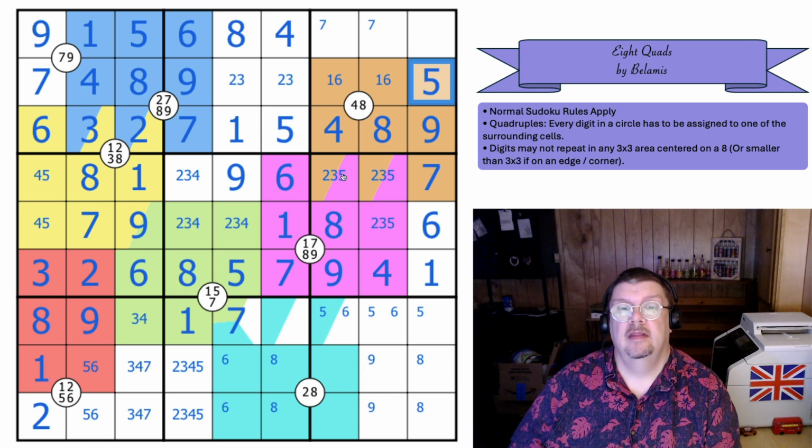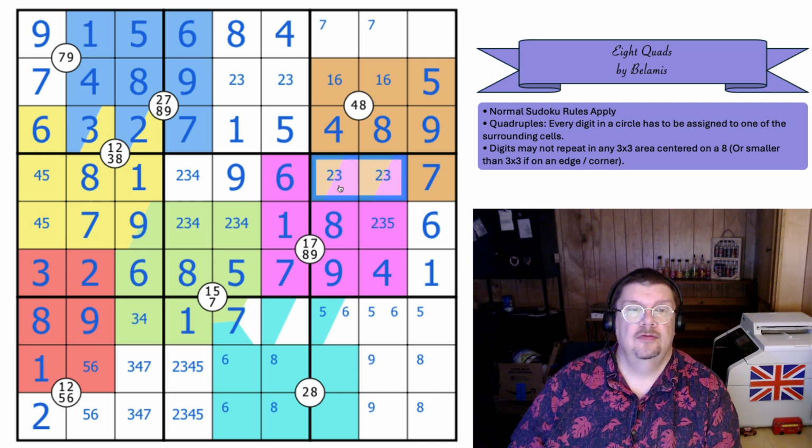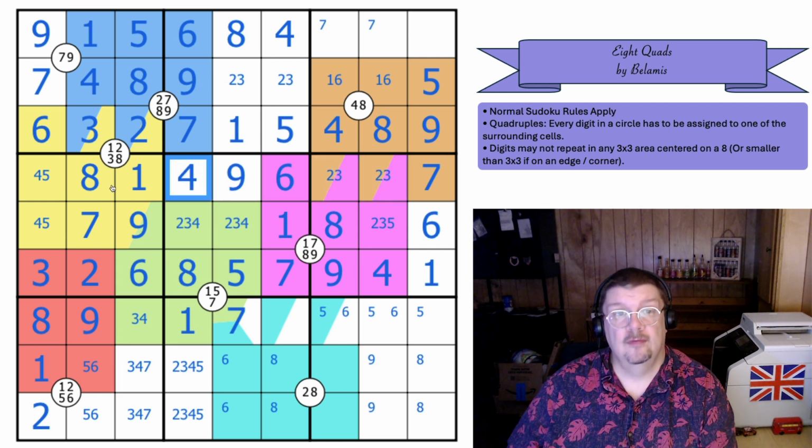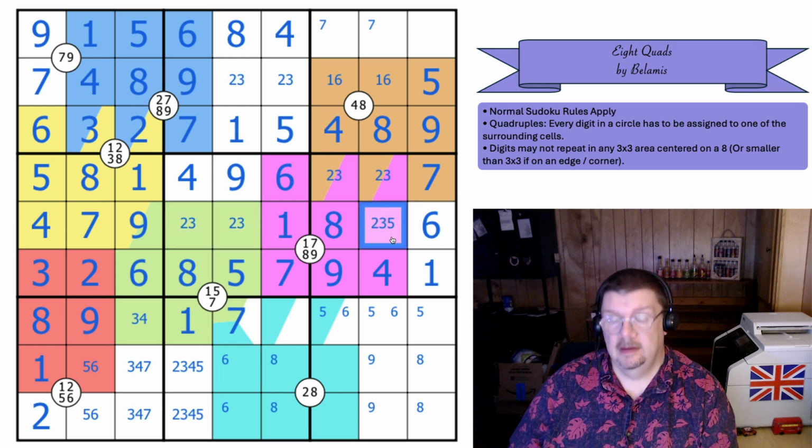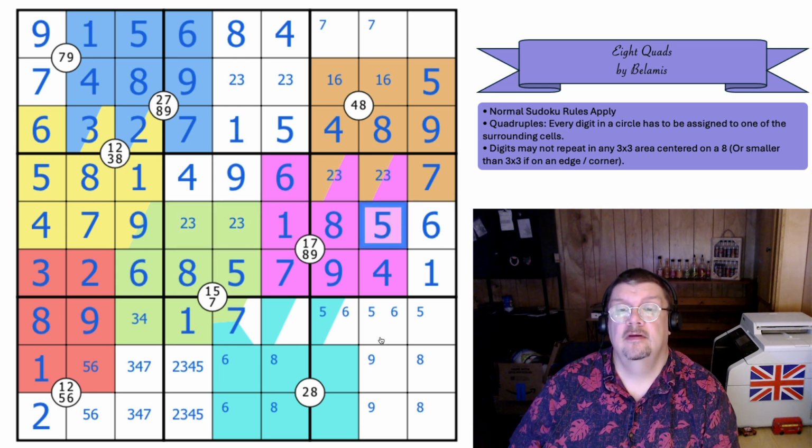That removes the 5 from those two because of the orange, so that 2, 3 makes that a 4. That's 5, that's 4. That gives me a 2, 3 pair here, that's a 5. So that those two are not 5, and that's a 5.